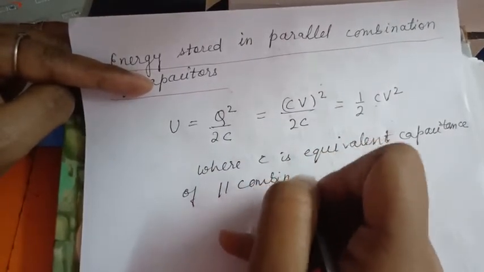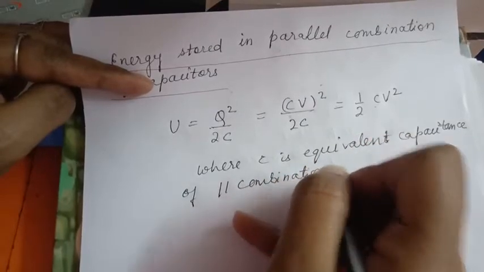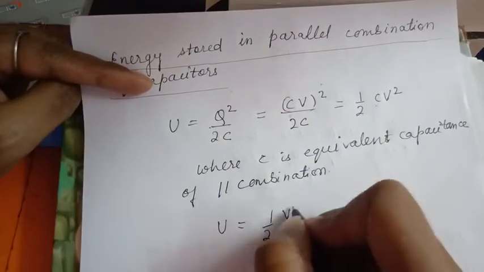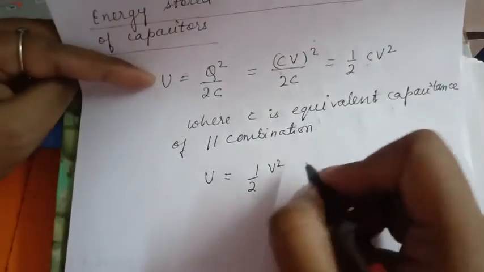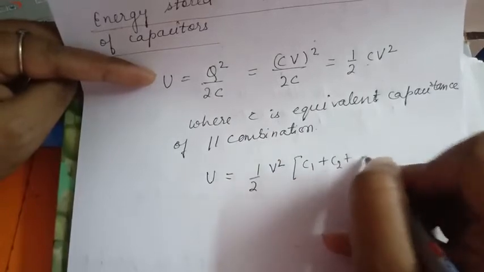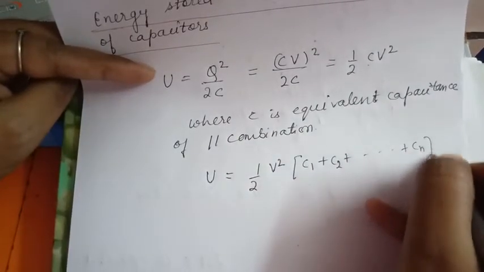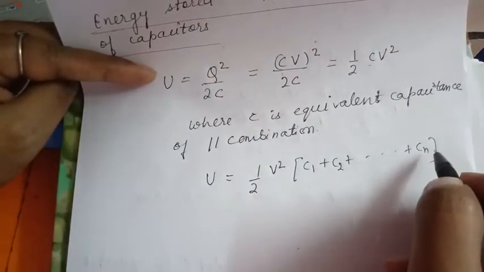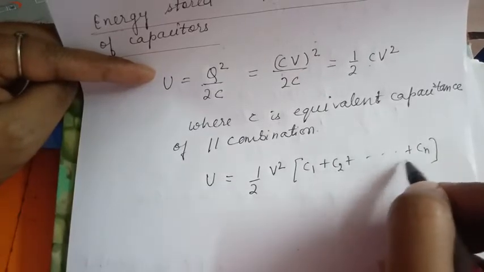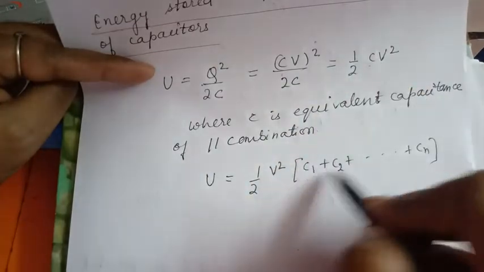So let me write that. U will be equal to 1 upon 2, V square will be common for all. So in place of C I can put C1 plus C2 plus Cn, because the formula for combination of parallel capacitors is simply C1 plus C2 plus so on Cn. So I have put this in place of C.